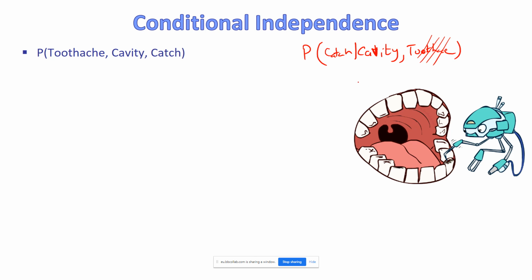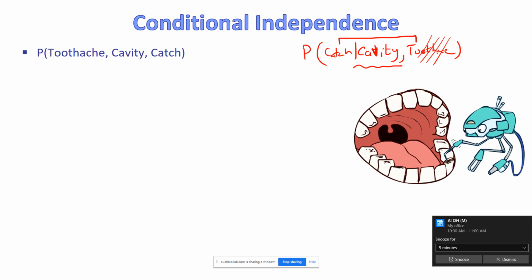That's the meaning of conditional independence. So catch and toothache are conditionally independent given cavity, which means that given cavity, knowing toothache will not affect the probability of catch at all.